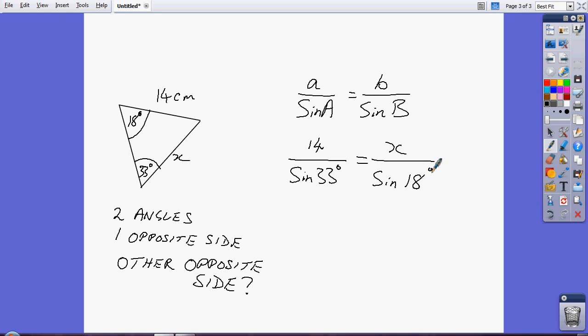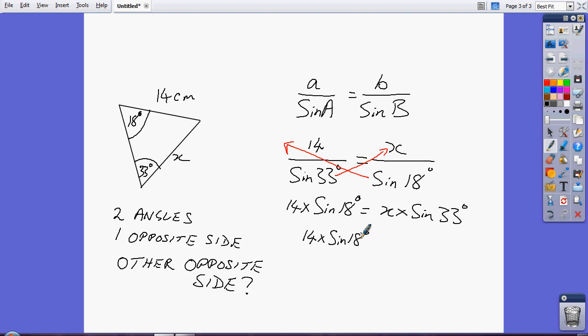Cross multiply, we get 14 times sine 18 degrees equals x times sine 33 degrees, which becomes x equals 14 times sine 18 degrees over sine 33 degrees.